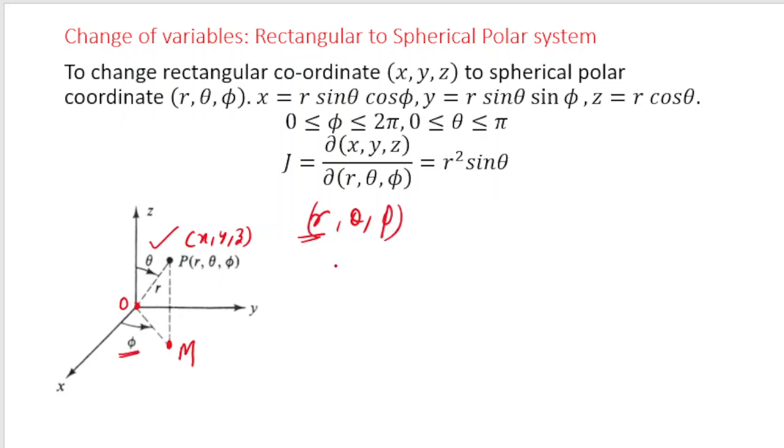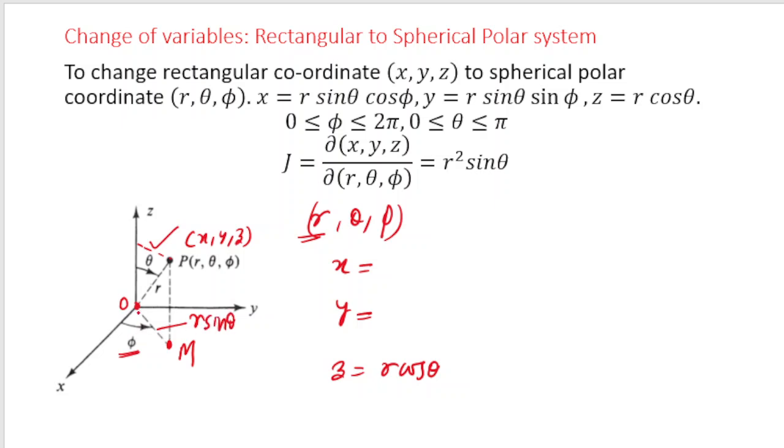So what will be the relation between r, theta and phi? If you look at this x, y, z, clearly if this length is r, then in the direction of z the projection will be r cos theta. Now OZ and OM are two perpendicular lines. So if I take its projection, this length, the OM dotted line, will be r sine theta.